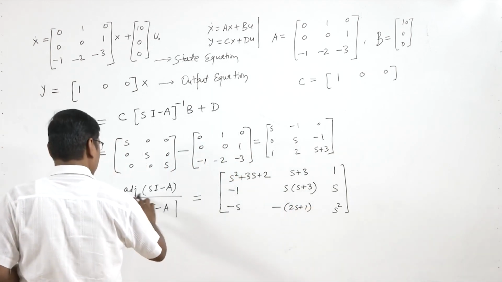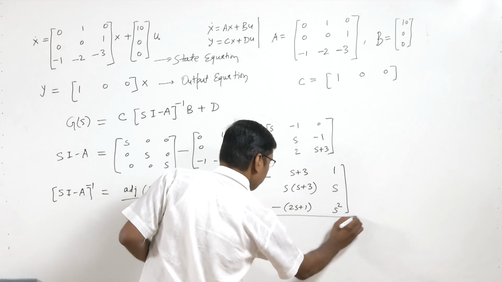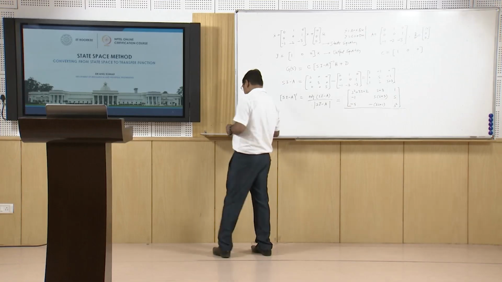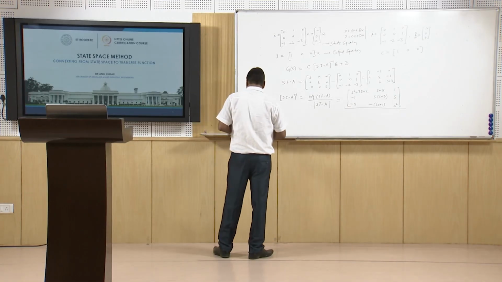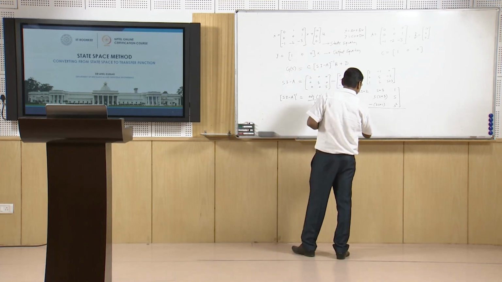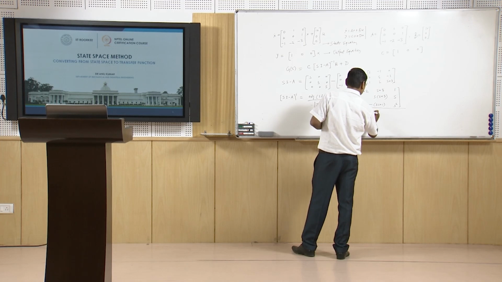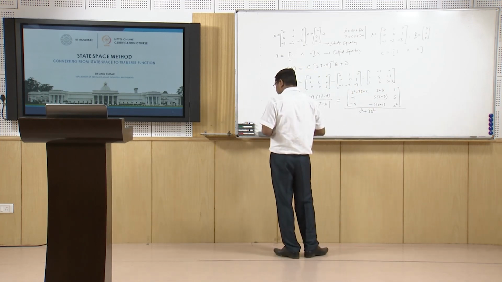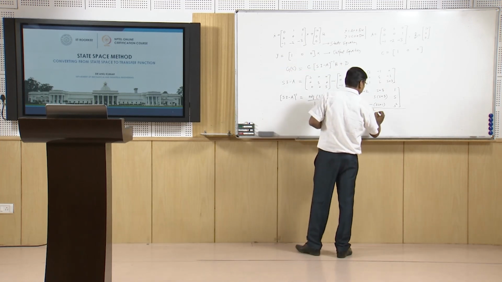This is the numerator part. Then the denominator is s cube plus 3s square plus 2s plus 1.